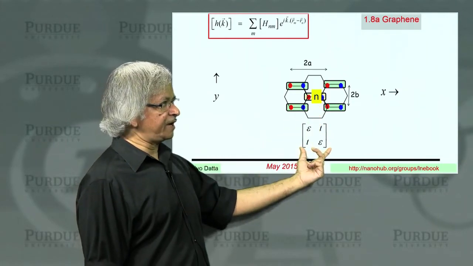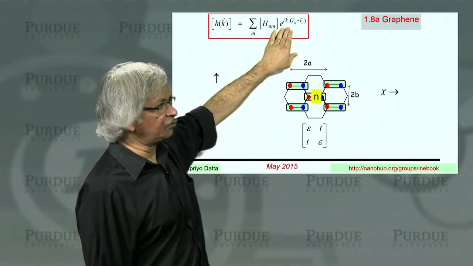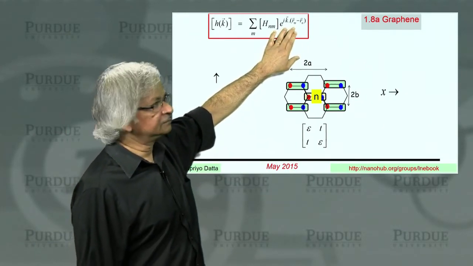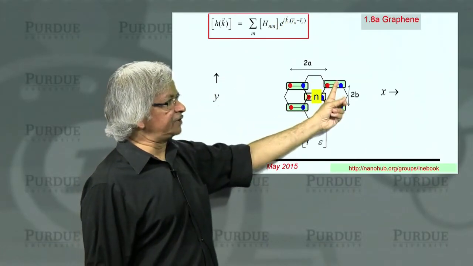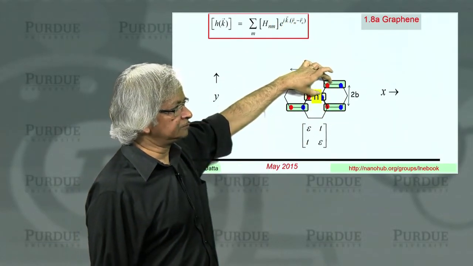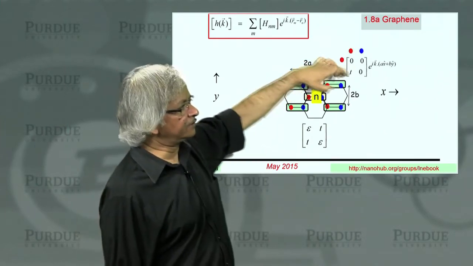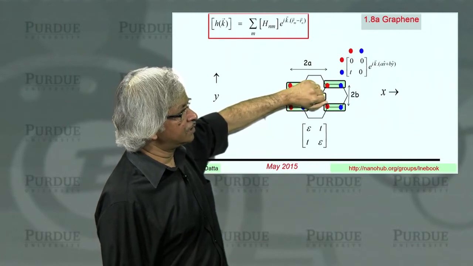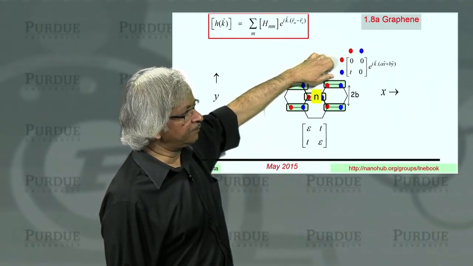So it would look like a matrix like this, and since n is equal to m, just like before, there's no phase factor involved. This is just e to the power i0. Well, now let's put the m on this one. So you're now talking of that one. Now what you get is, again, a matrix that describes the coupling of this two-component thing to that two-component thing. What does the coupling matrix look like?